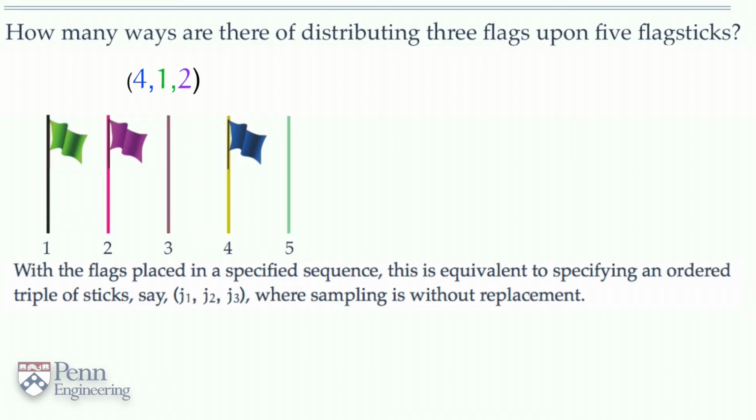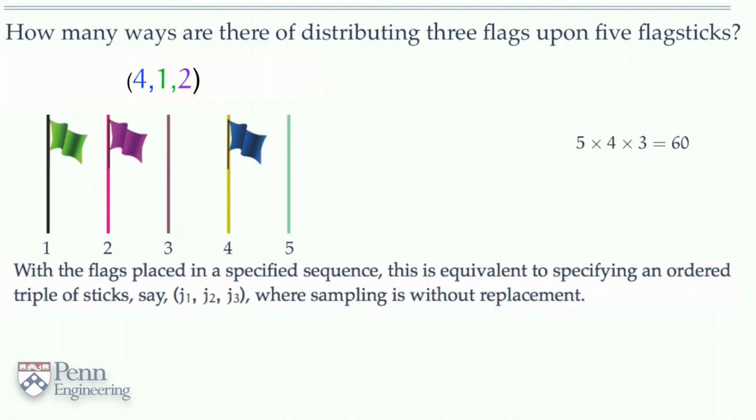By the basic rule of counting, independent possibilities multiply, and therefore the number of ways you can specify flag sticks for your 3 flags is 5 times 4 times 3. Now that's 60. But the number again is not particularly important for our purposes. The logic is what is important.